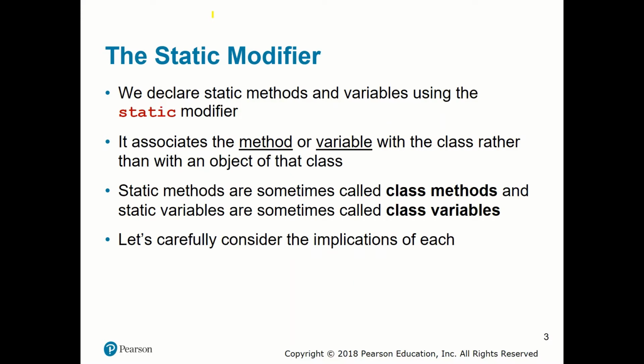We declare static methods and variables using the static modifier. It associates the method or variable with a class rather than with an object of the class.